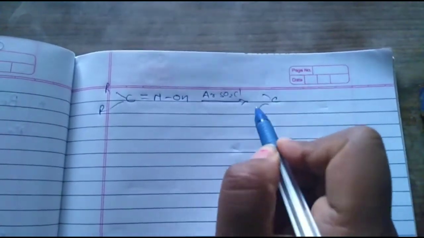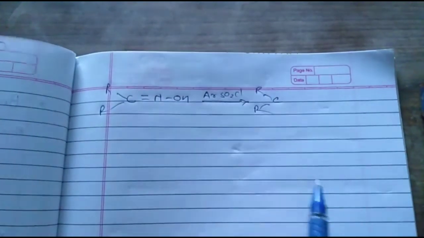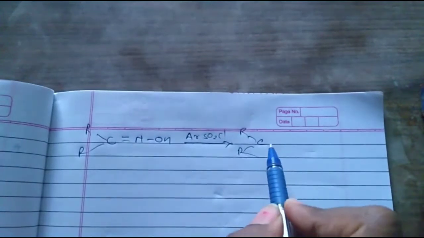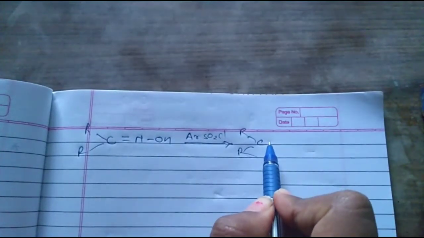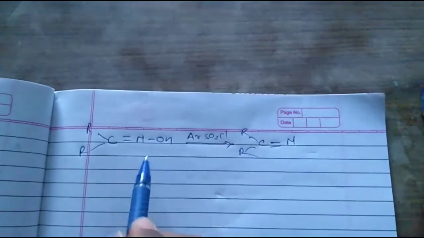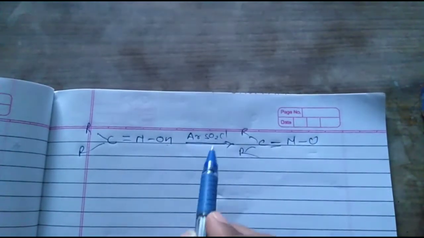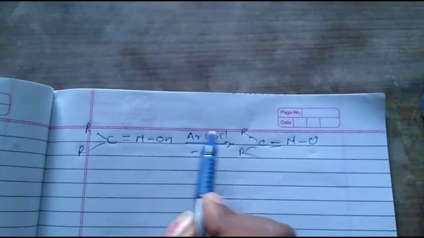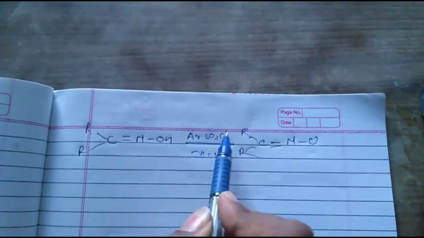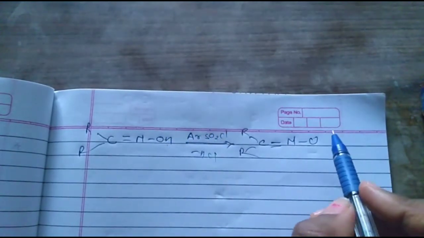Here this is an R group, and it is attached to this oxime, that is NO, by the removal of HCl.